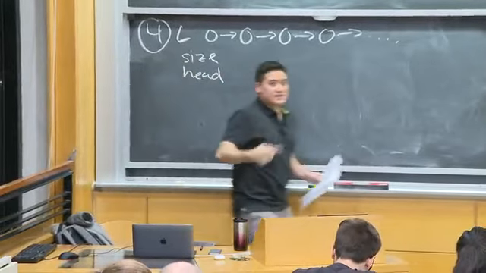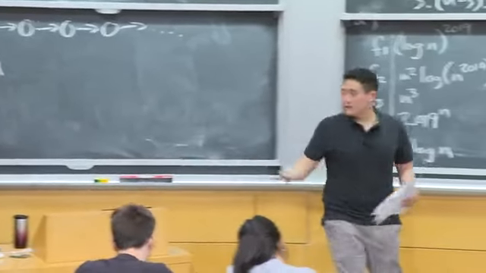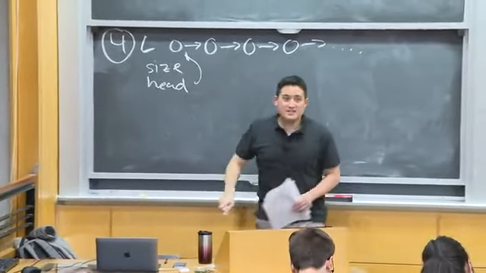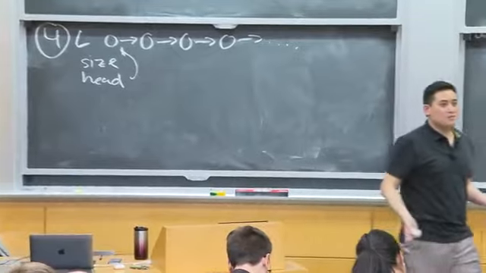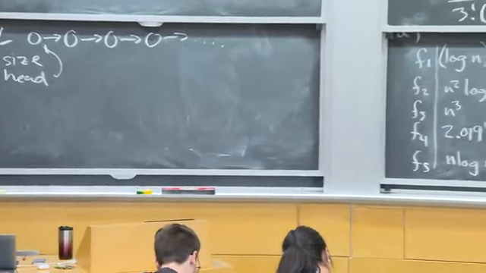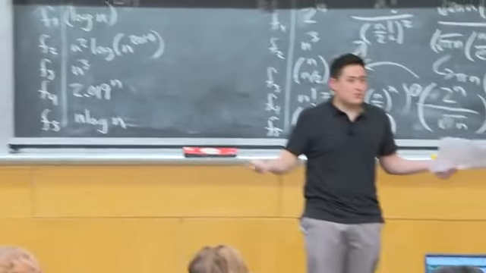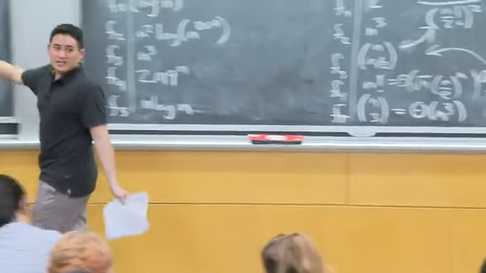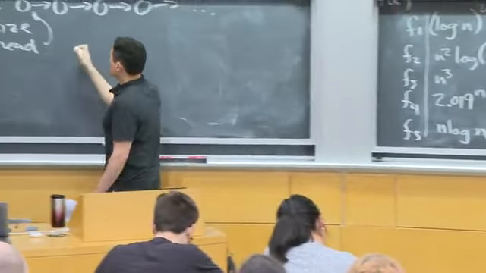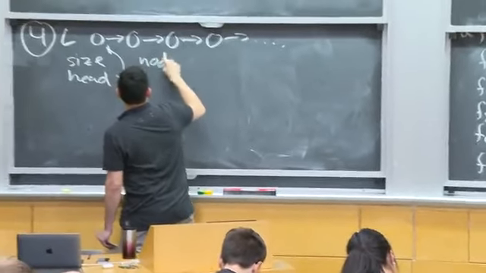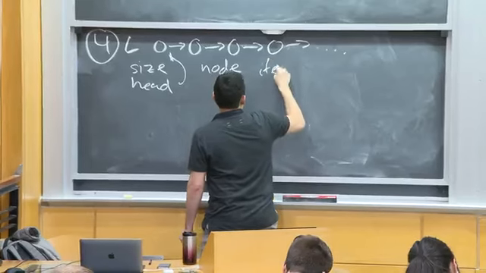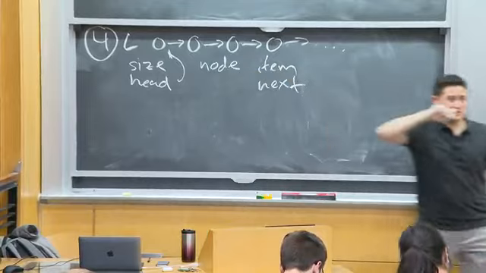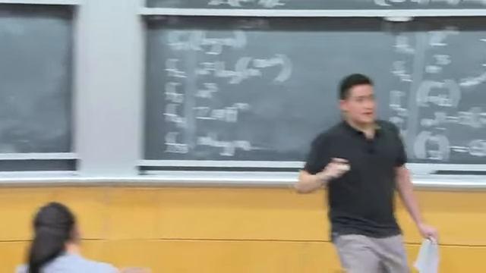And this head is a pointer to a node, and the node has just two things stored in it. It has the name of the child that's there, and a next pointer to the next node. That's what a singly linked list is. So a node has an item key and a next pointer. This next pointer points to the next node in the sequence, okay?